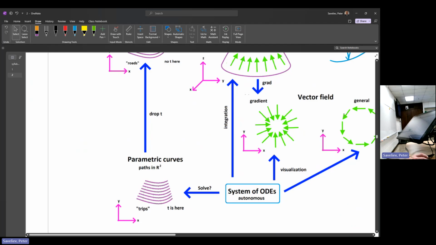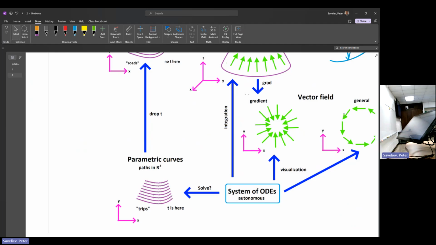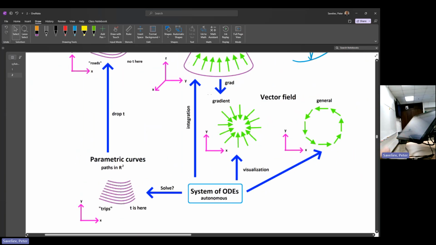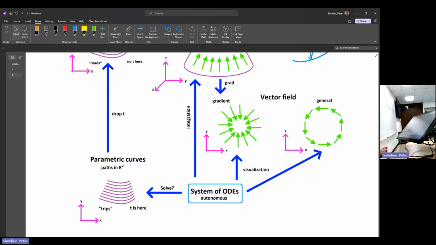So the ideal situation is at the bottom, when you somehow by magic solve the system of equations, and you end up with explicit equations for the solutions x of t, y of t, like that, in which case you can end up with the circular motion. Incidentally, we ended up with circular motion when those arrows are arranged in that particular way.